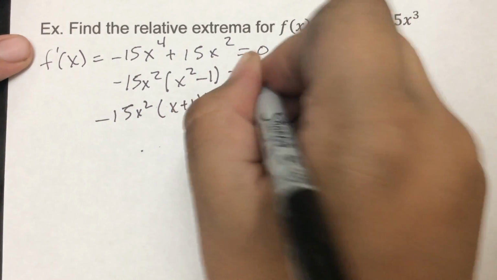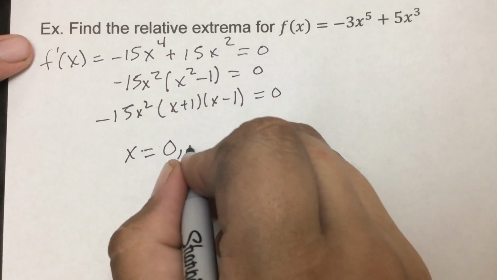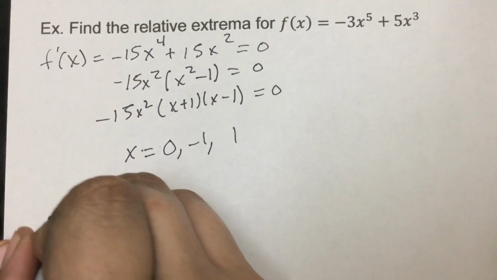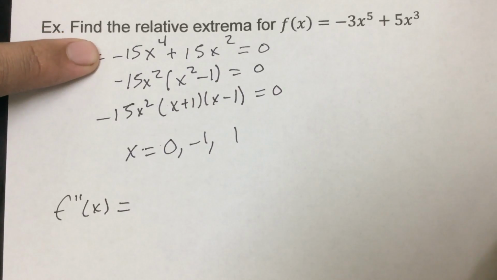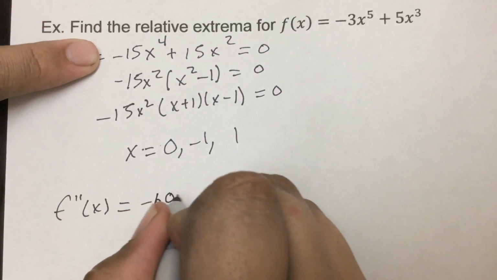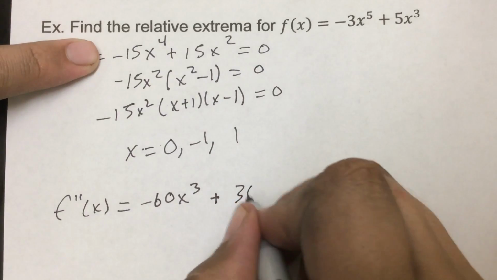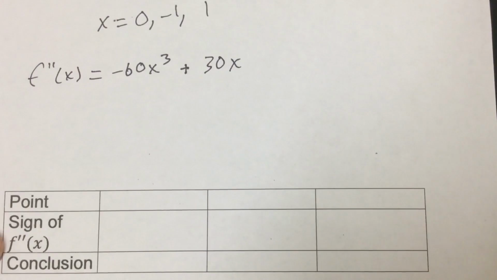So all this is set equal to 0. So x would equal 0, negative 1, and 1. The other part of this I need to get is the second derivative. So if I do this again, 4 times 15 would be a negative 60x cubed plus 2 times 15 would be 30x. And so that's what I'll put in here.